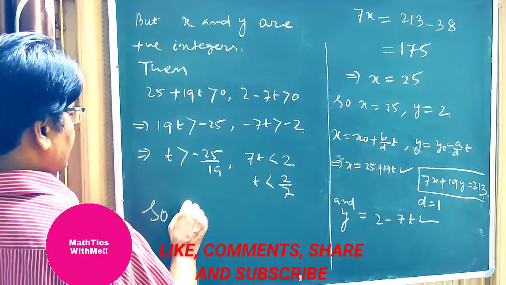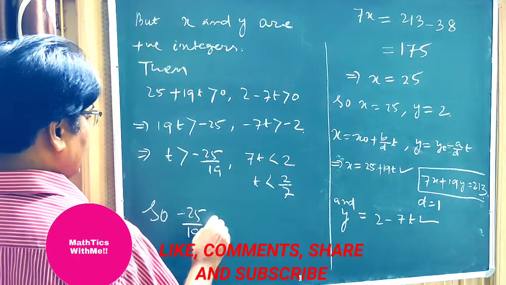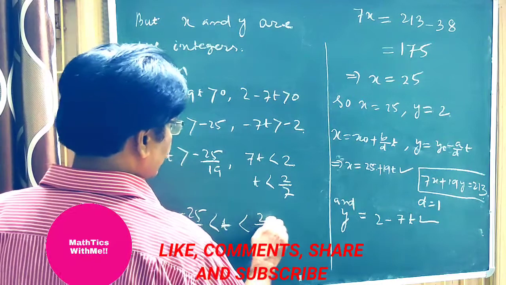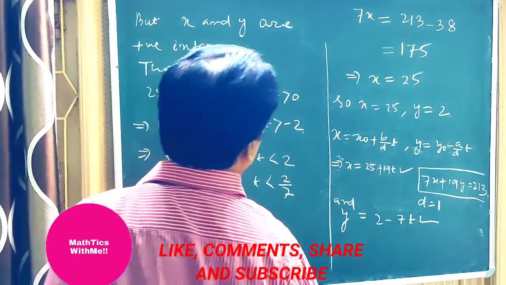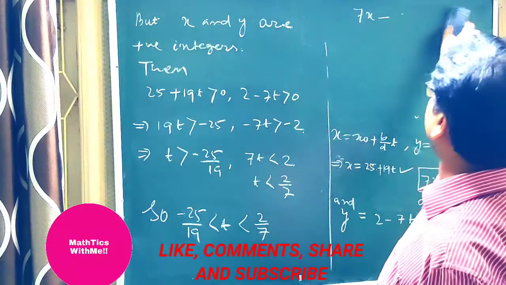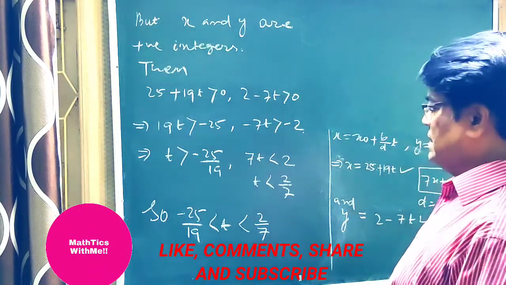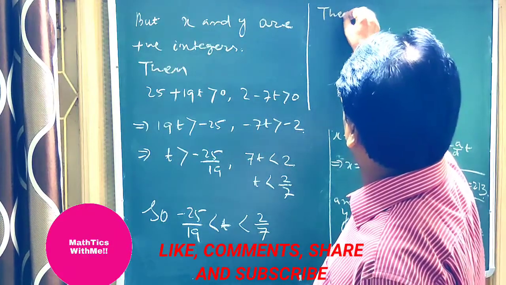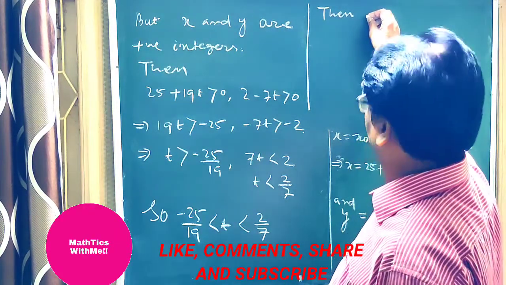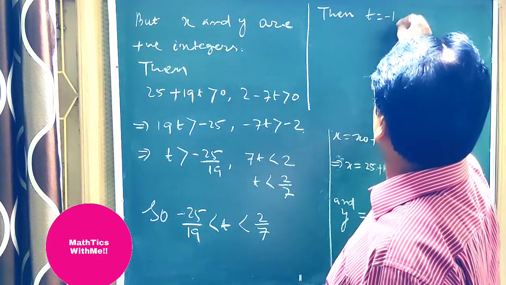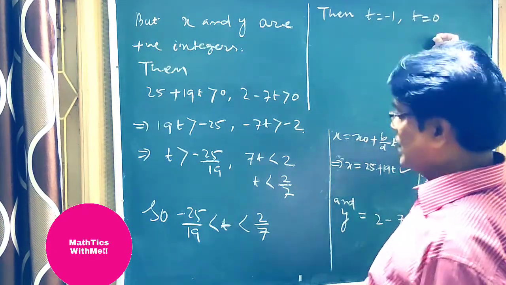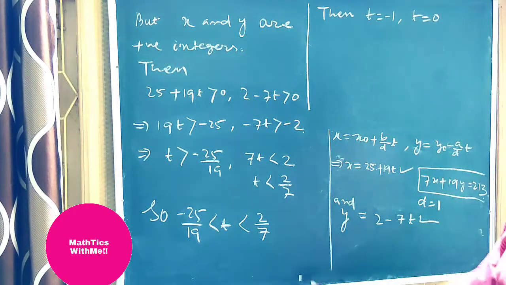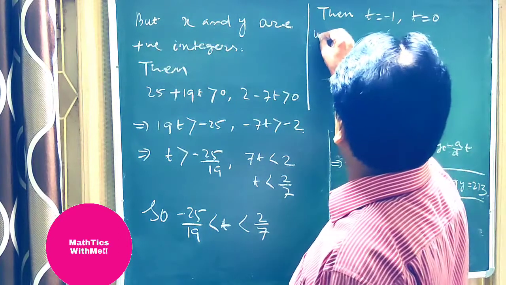So we get minus 25 by 19 less than t less than 2 by 7. Then we have t is equal to minus 1, t is equal to 0. Only two values lie between minus 25 by 19 and 2 by 7.